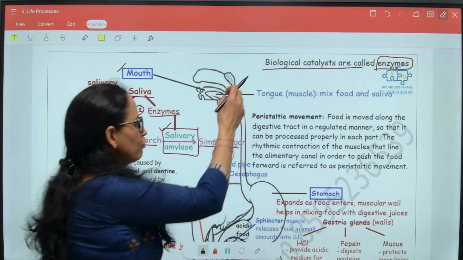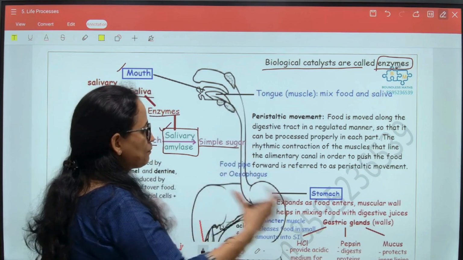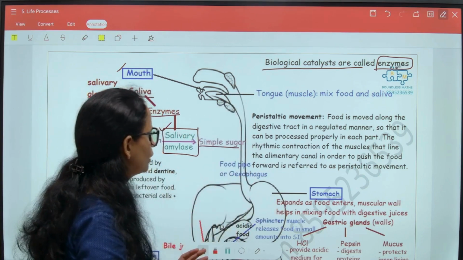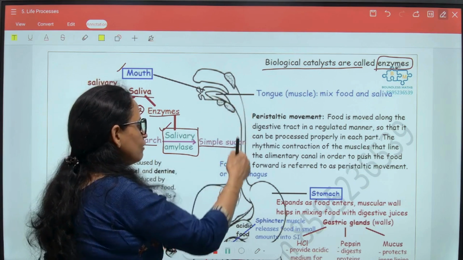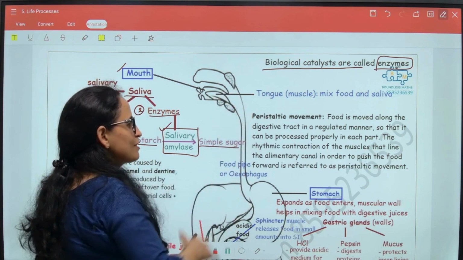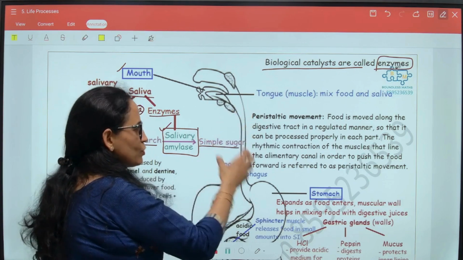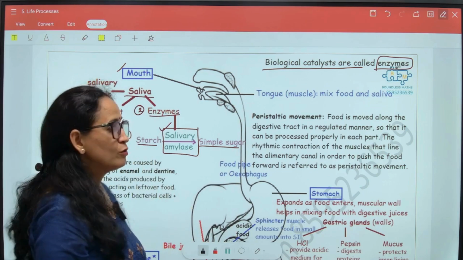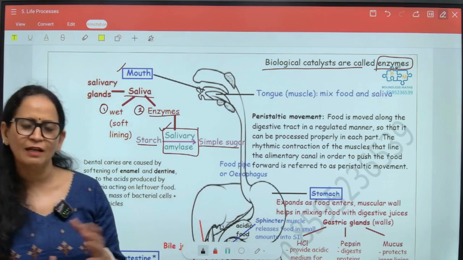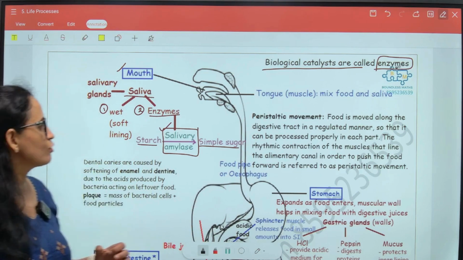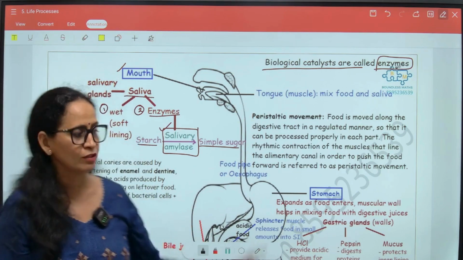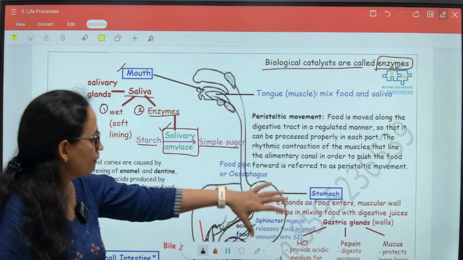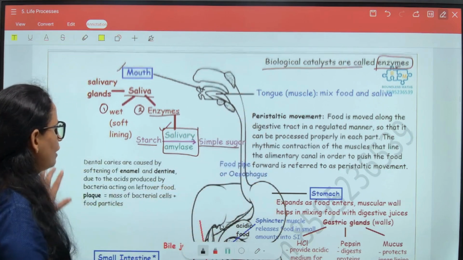When the food reaches the stomach, it actually expands to collect all the food. Now when the food is moving all through the food pipe, there are certain muscular contractions and relaxations that help the food to move forward through the esophagus. So these contractions and relaxations of the muscular walls of the entire alimentary canal, not just the esophagus, but the stomach also, small intestine also, then large intestine also.